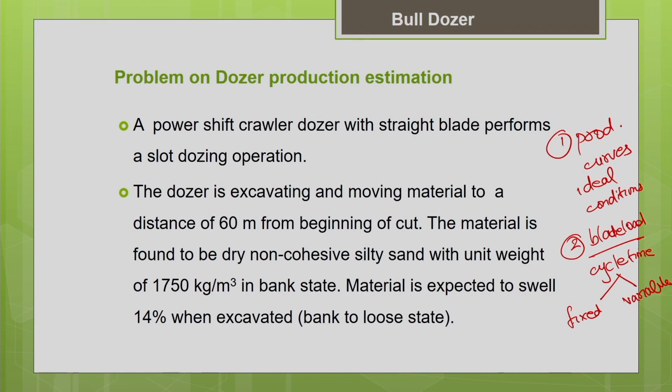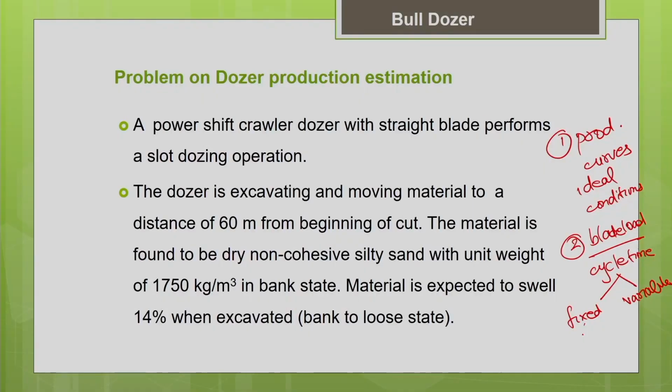Fixed is nothing but your man-hour time, depending upon whether the mode of transmission is direct or manual gear change, or it is power shift mode or torque converter or automatic gear change. Accordingly here the man-hour time will vary. Then the variable time, if you know the haul distance, the dozing distance, and the speed of the machine, you can calculate the variable time.